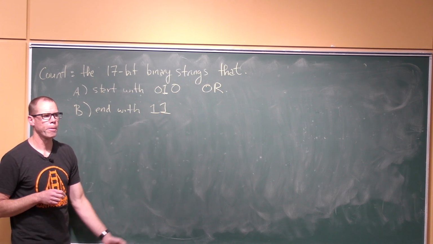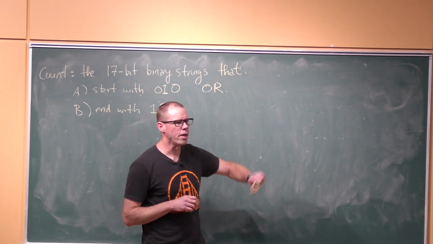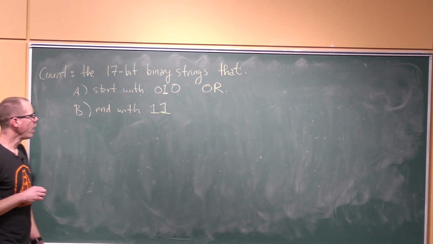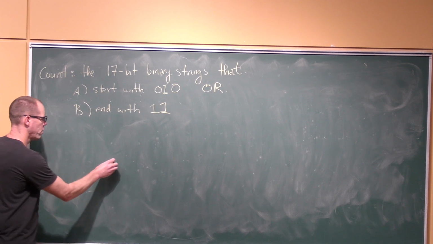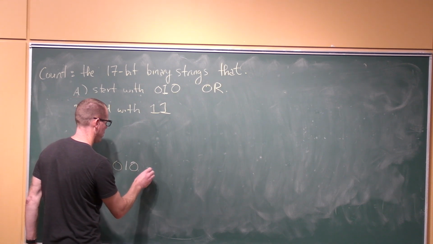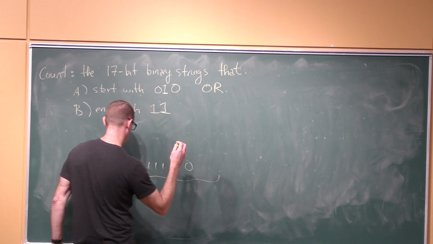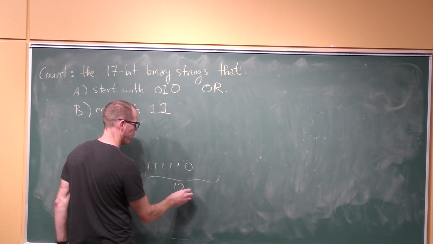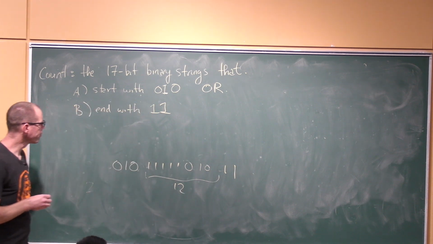Okay? And, well, the first thing we could ask is, all right, maybe we can apply the sum rule. But it's not hard to see that actually these 2 sets aren't disjoint because let's put in some 12 bits here and then finish with 1, 1.